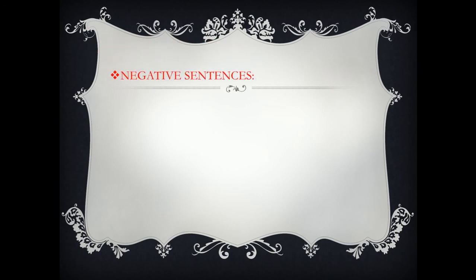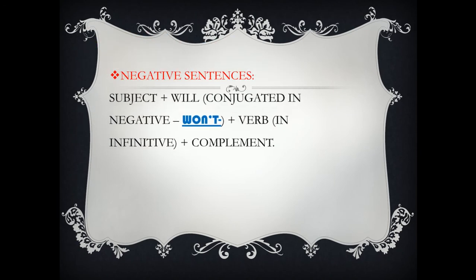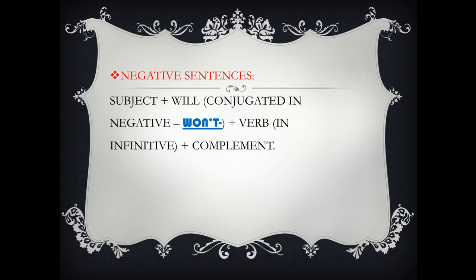Okay, then we got negative sentences. Structure again. We got subject. She again. Won't. Remember, negative for will is won't. Okay? Or you can say will not. Okay? But we're going to use won't for now. She won't finish by tomorrow.